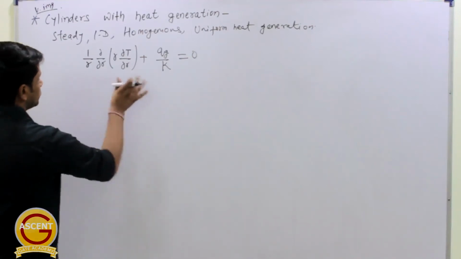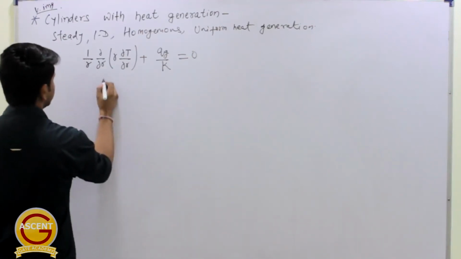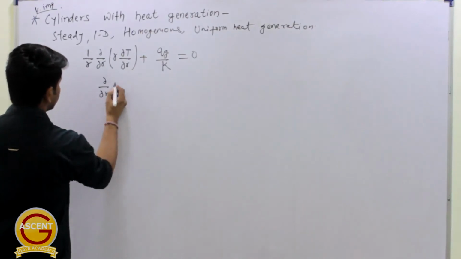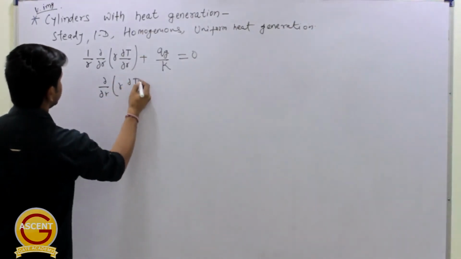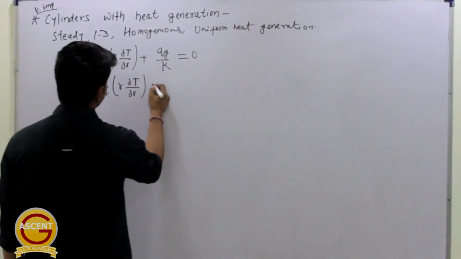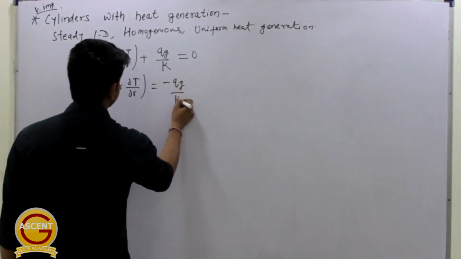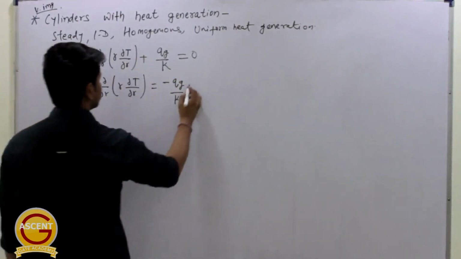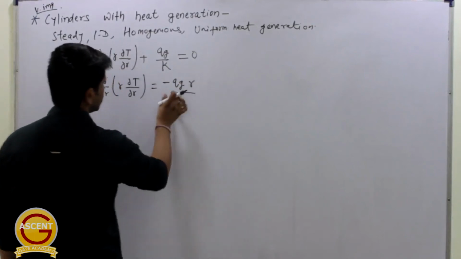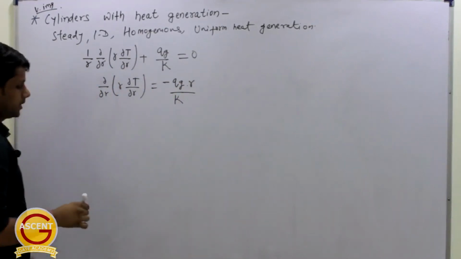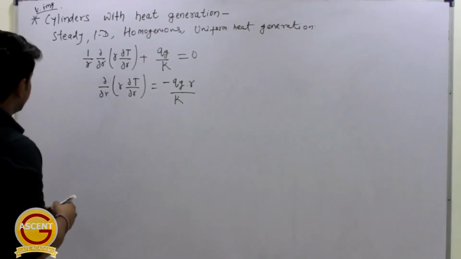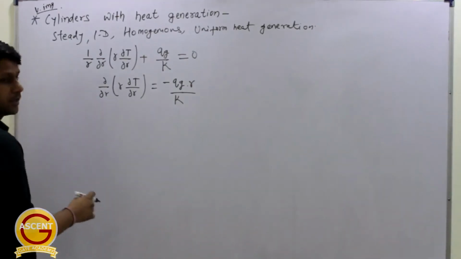So first do the side change, so it will become del by del R into R del T by del R is equal to minus Qg by K, and this R will come here. So minus Qg into R divided by K, right. So now we can start the integration.